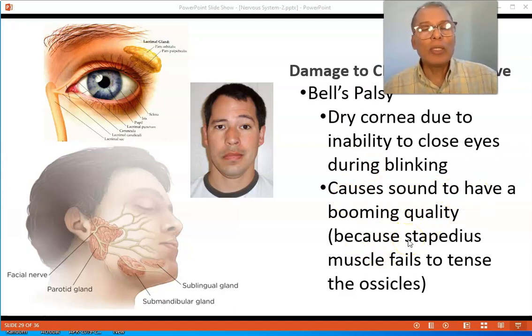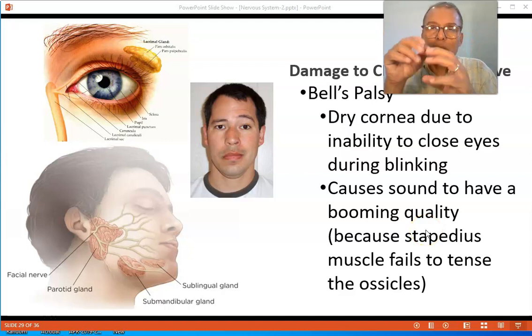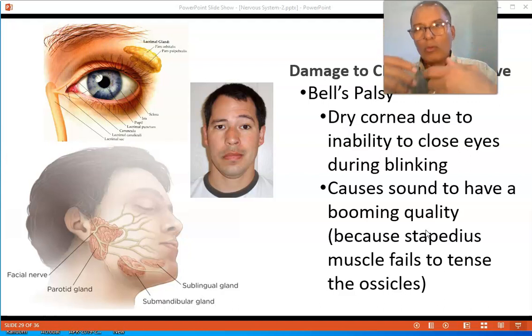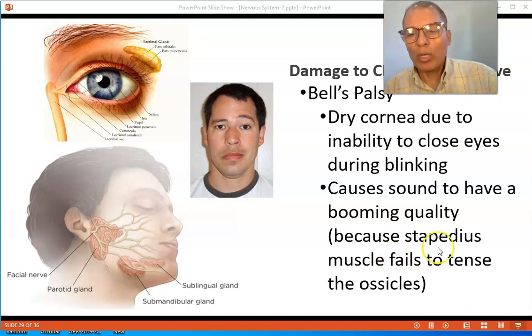But another problem is the stapedius muscle will not get innervation, and it will make the three bones in the middle ear kind of loose. So when they vibrate, they go slowly, and the sound is gonna be booming because of the stapedius muscle that anchors the stapes and holds it in place, and also gives some stability.